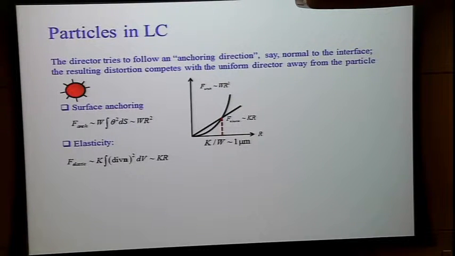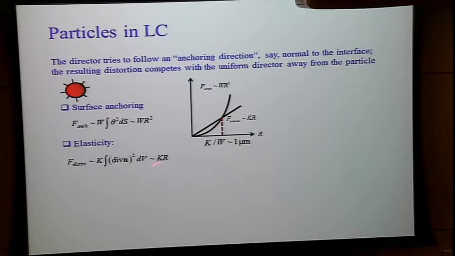It's a similar problem to the droplet of a nematic dispersed in, let's say, water, but now it's inverted. I have a particle that is placed in the liquid crystal, and suppose that this particle wants the director to be perpendicular to the surface. So it distorts the director around it. The anchoring energy integrated over the surface of the particle scales as WR squared.